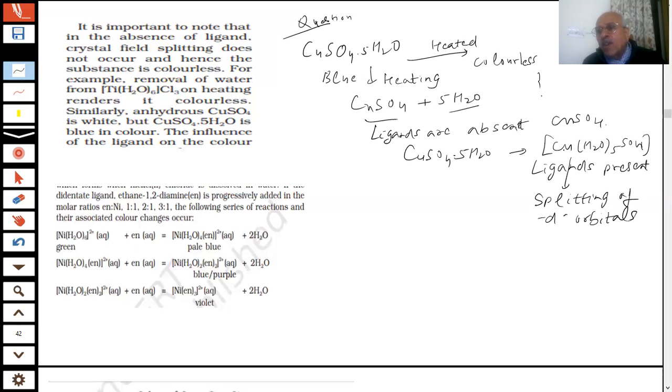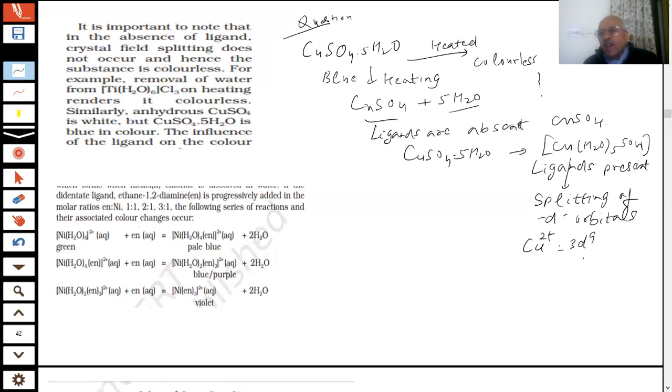And what is the d count of this copper? Copper 2 plus is 3d9. So what will happen then?